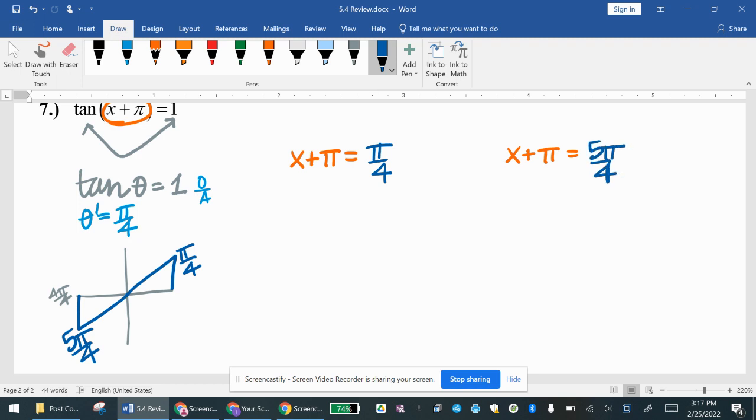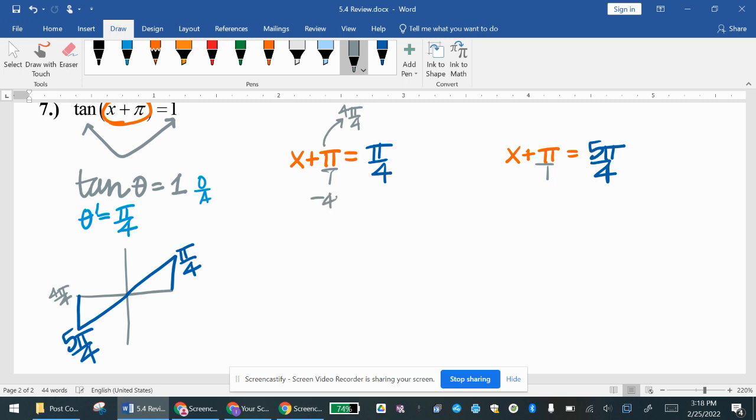Okay, solve for x. Just so you know, we're going to need a common denominator because right now pi has a denominator of 1 and we need it to have a denominator of 4. So you can rewrite that as 4 pi over 4.